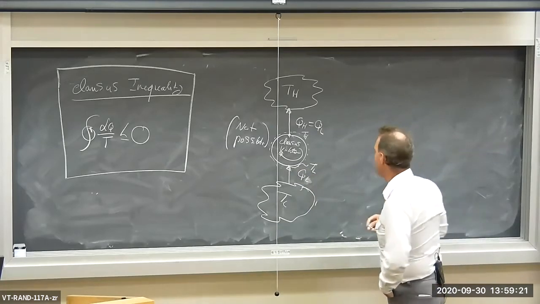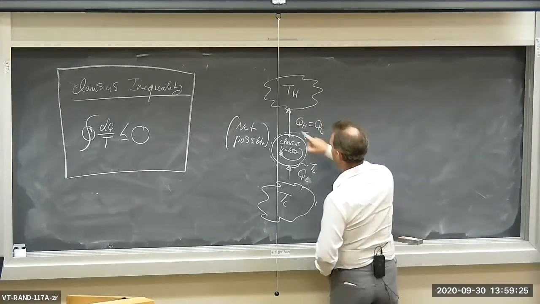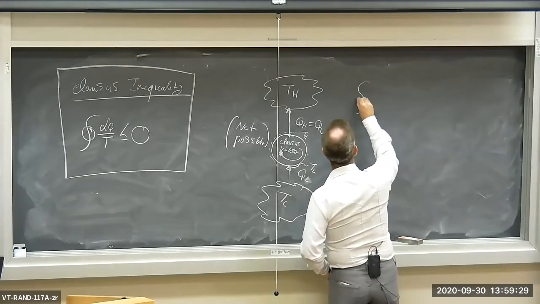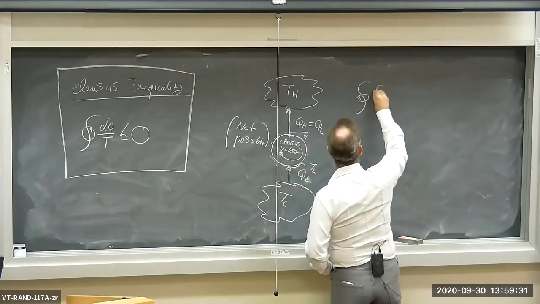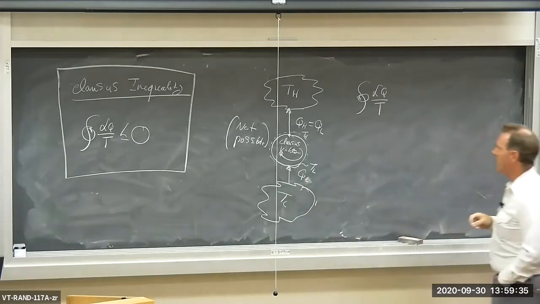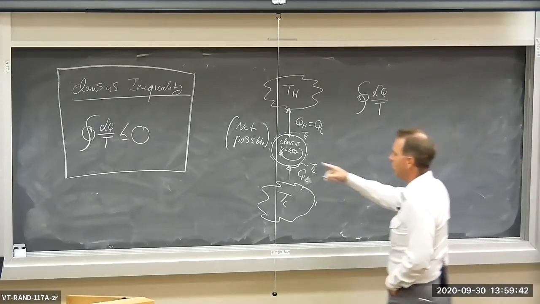So let us evaluate this integral for this device, the Clausius inequality, Clausius violator. So the cyclic integral evaluated, integrating the differential heat transfer over the interaction temperature. Let's evaluate this for this device.